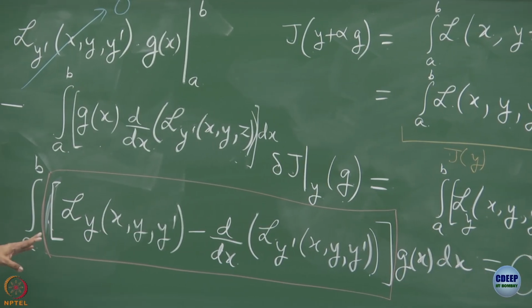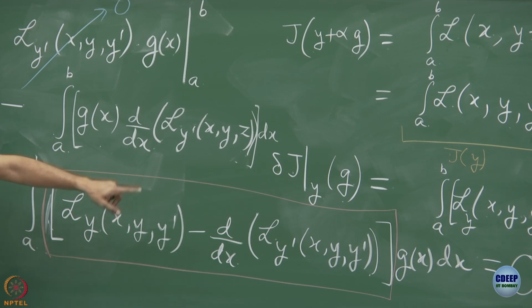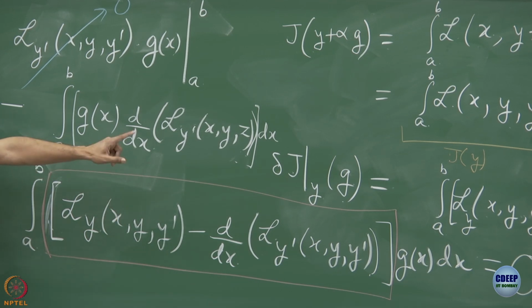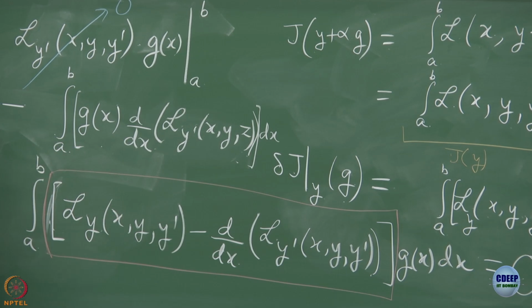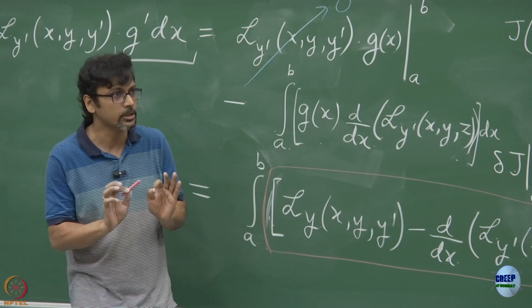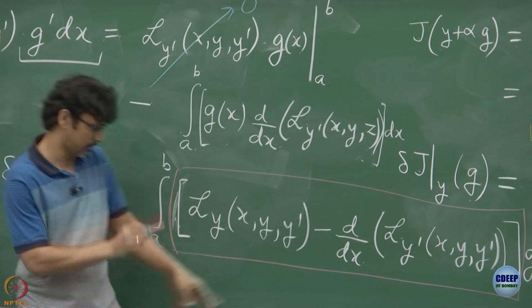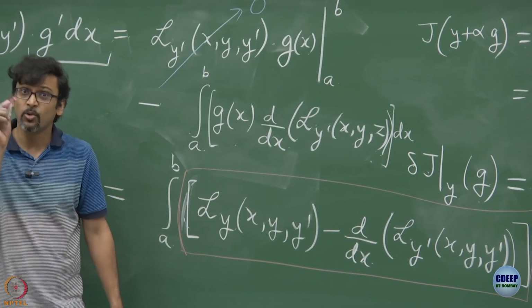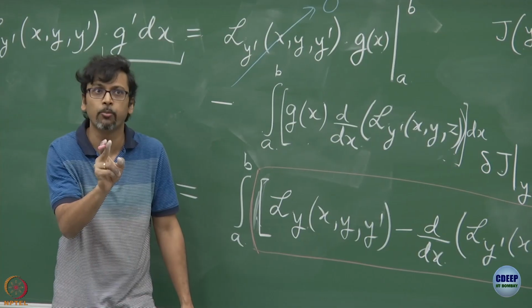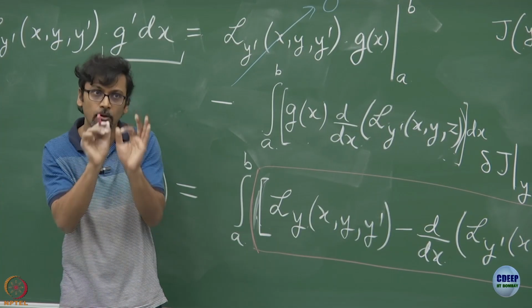What I am saying is, this integral being equal to 0 for all possible continuously differentiable functions g, if by some means this translated to an effective condition which stated that this thing that I have boxed here in this red box has to identically vanish at every point, then bingo, we have a condition that is now pointwise true.